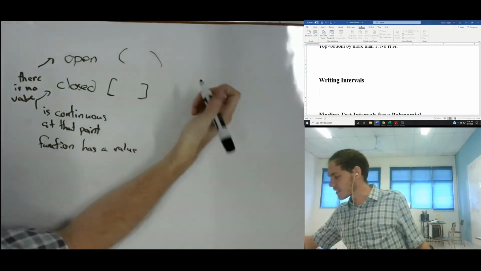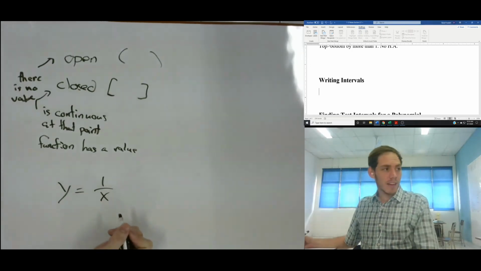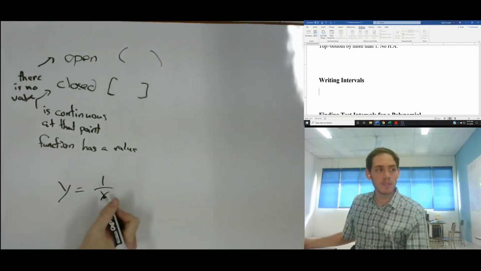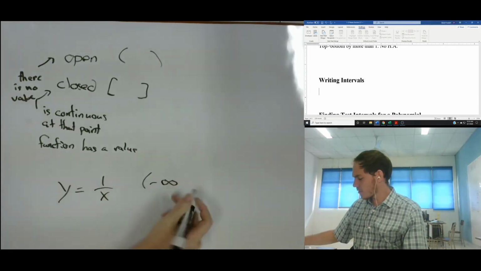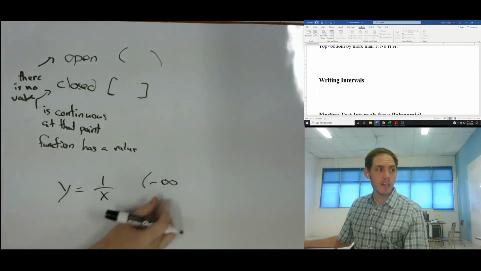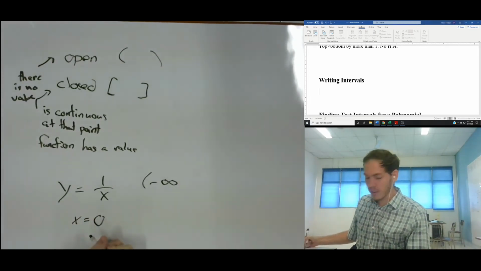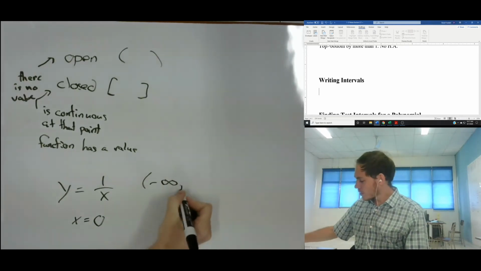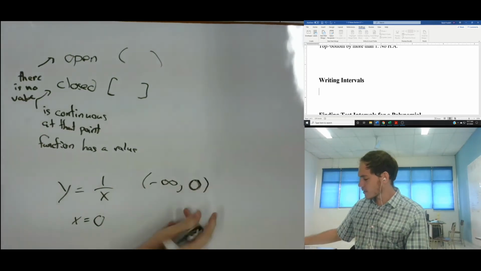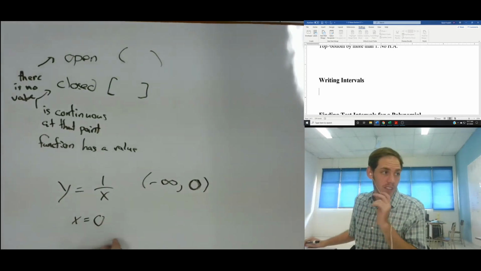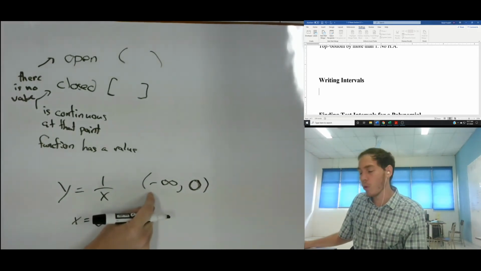So let's look at an example. Let's say we have y equals 1 over x. Does this function go to infinity and negative infinity? Yes. By nature, we always start at negative infinity, lower to higher, but we have a vertical asymptote at x equals 0, because x can't equal 0. So our first break in our function is going to be at 0. It's going to be open because our function never reaches that point, just as it doesn't reach infinity, which is not a specific point.